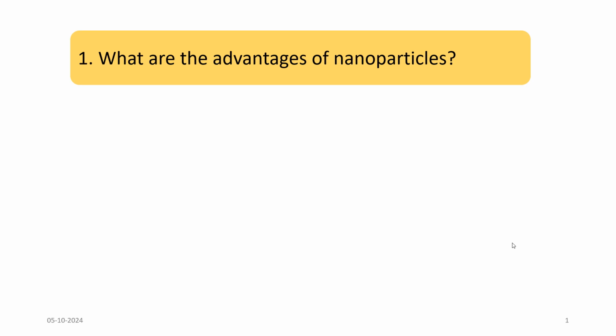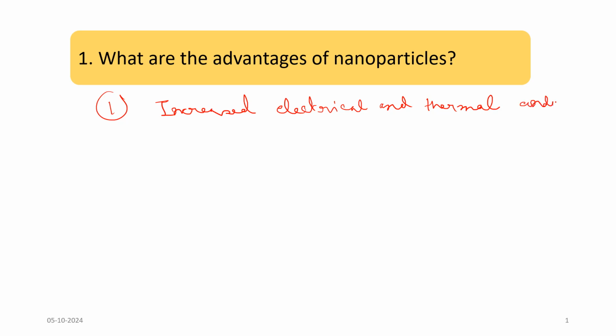What are those? First one is increased electrical and thermal conductivity. Second one is the lowered melting point.